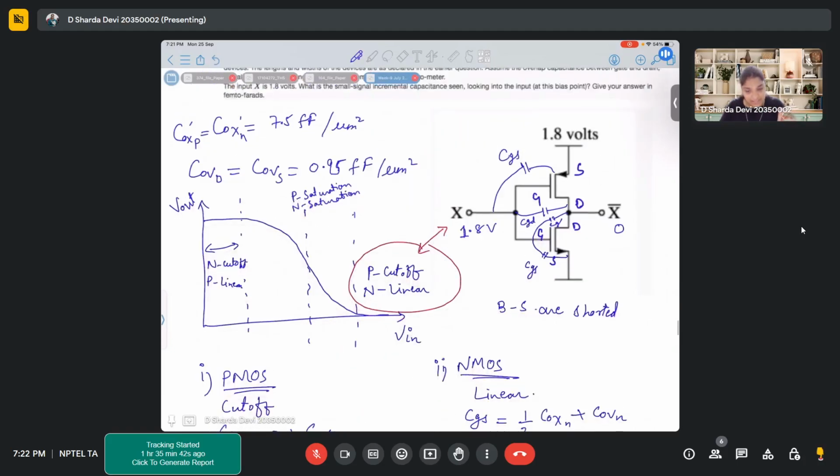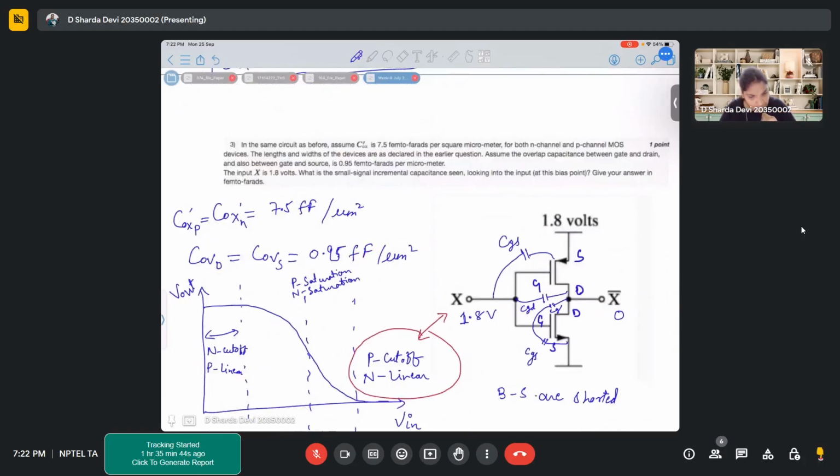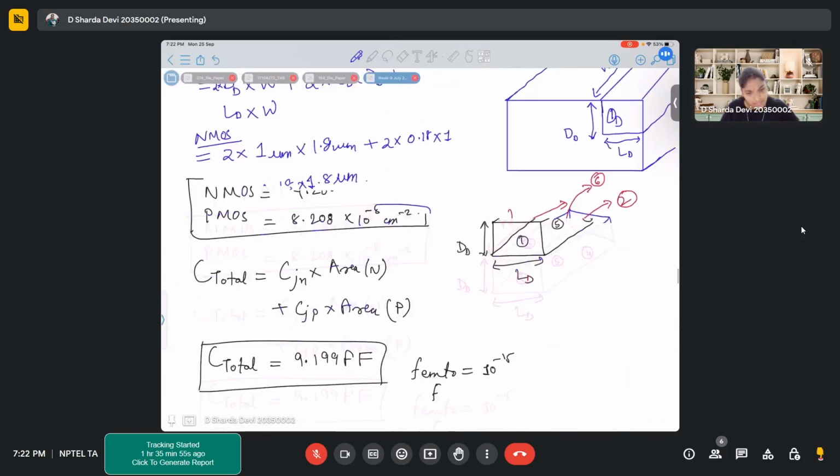So the overlap length was mentioned like this. Capacitance is mentioned. Overlap length.